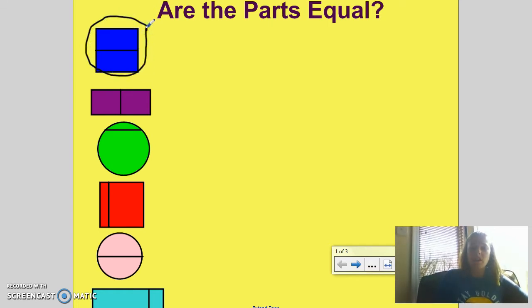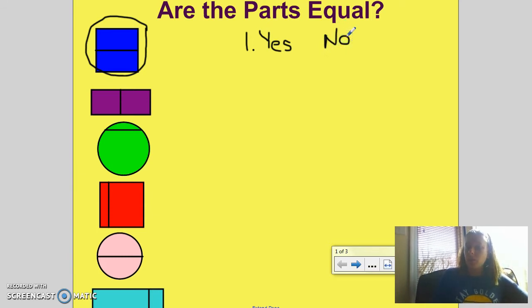If you think yes, that square is divided in half, next to your number 1, you are going to write the word yes. Y-E-S. If you think, no, this shape is not divided in half, you would write no.